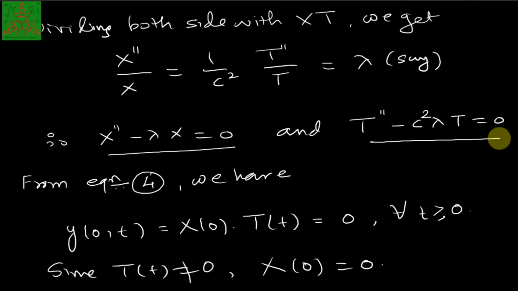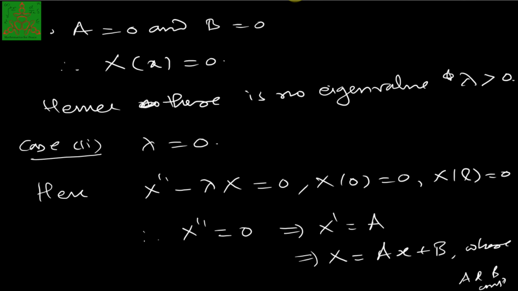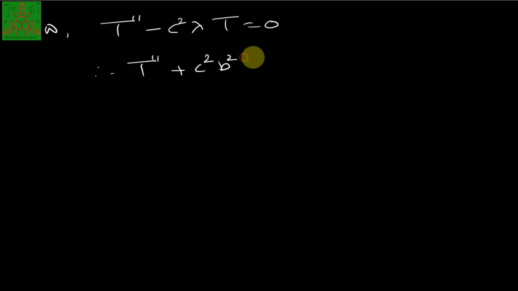Now here the value of lambda is negative, that means it is minus b square. So now we'll solve that portion. We have T double dash minus c square lambda T equal to 0. The value of lambda is minus b square, so it is T double dash minus c square (minus b square), and this minus becomes plus, T equal to 0.